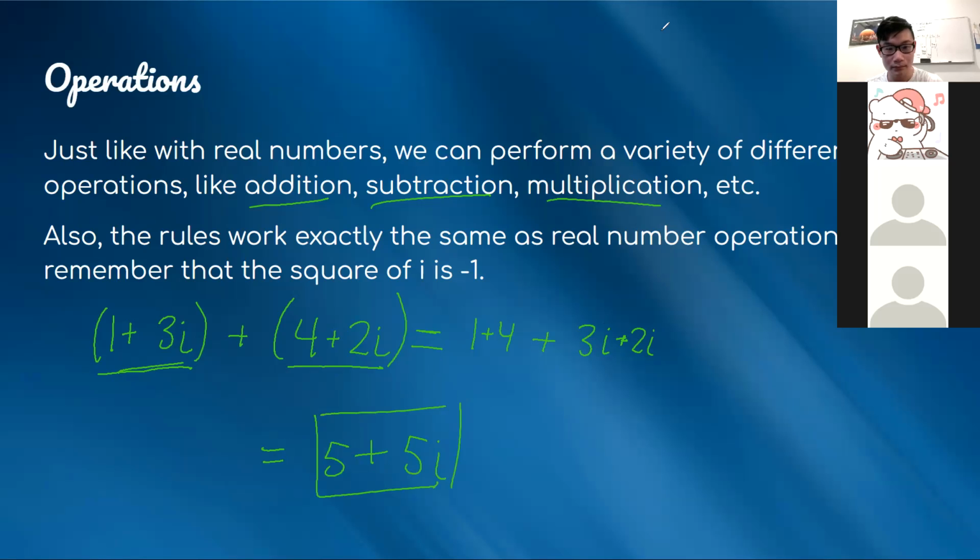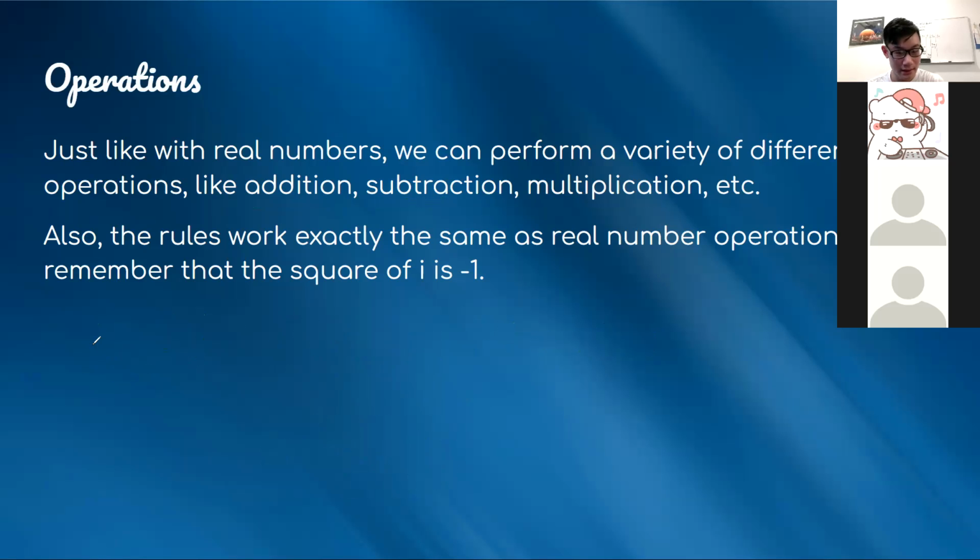And then let's try subtraction. Subtraction's also very similar. Let's make this 12i. If we subtract this number from something like 1 plus 8i, which is also one number, what would we do here?